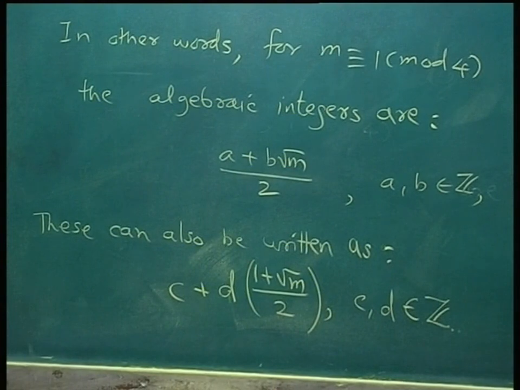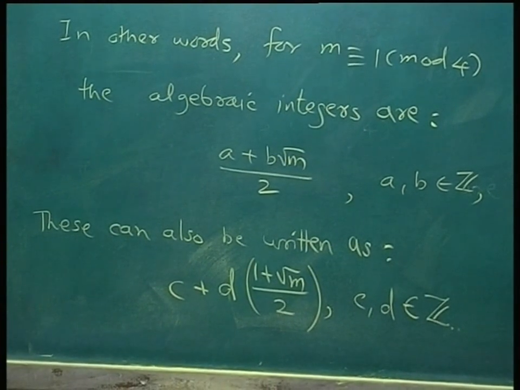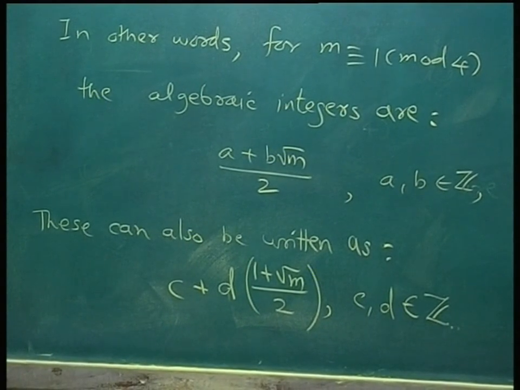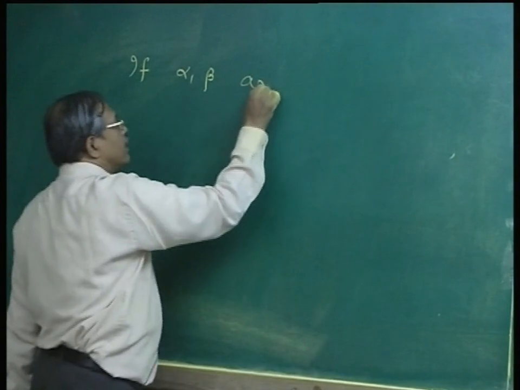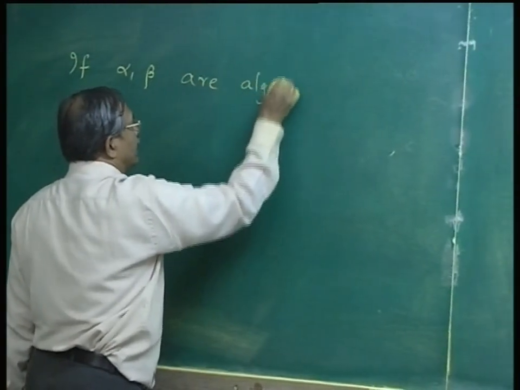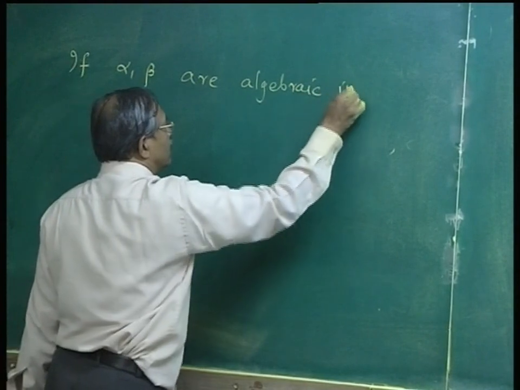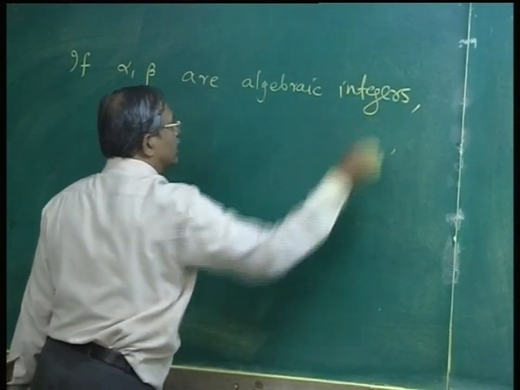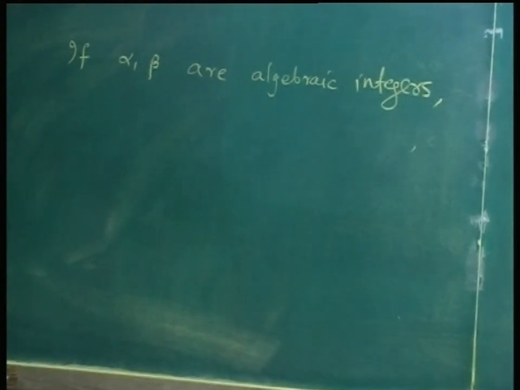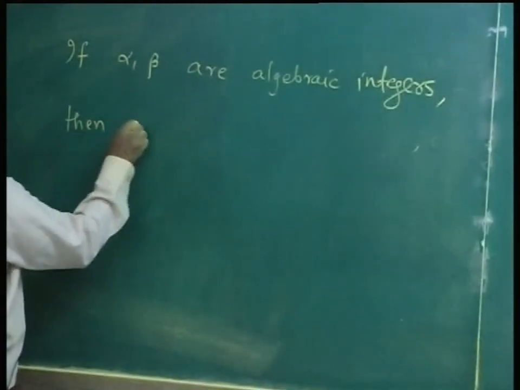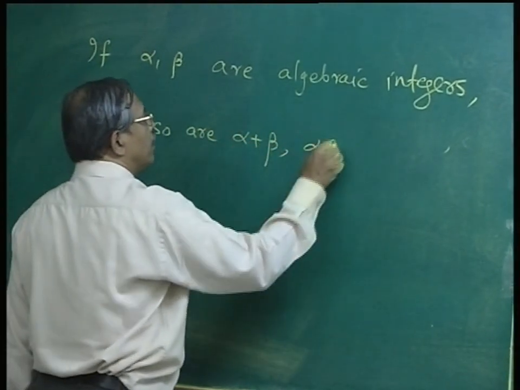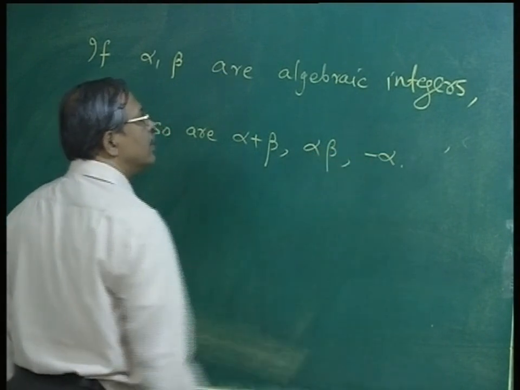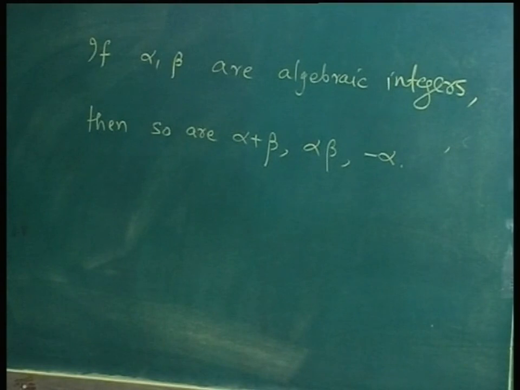One more thing here: we have already seen that if alpha, beta are algebraic integers, then so are alpha plus beta, alpha beta and minus alpha.